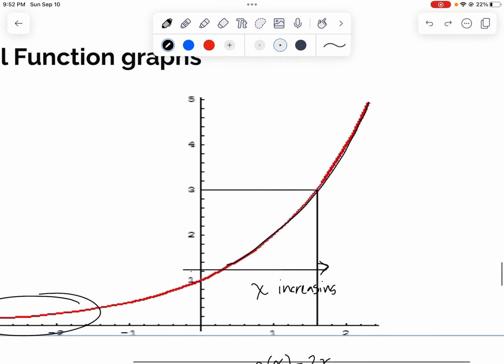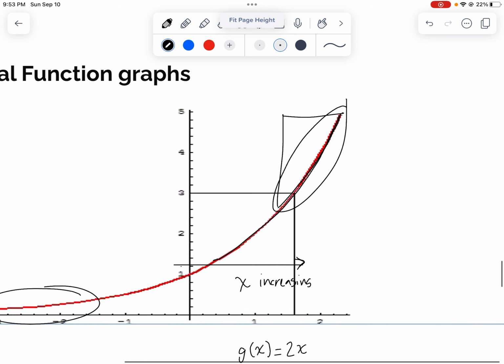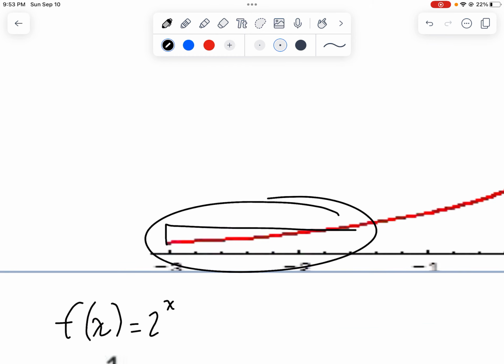But then as you get higher, and this is the defining feature of an exponential function graph, you could see the slope, which is just the rise over run, is so much higher than here. Look at the rise over run here. It's like 1/5.